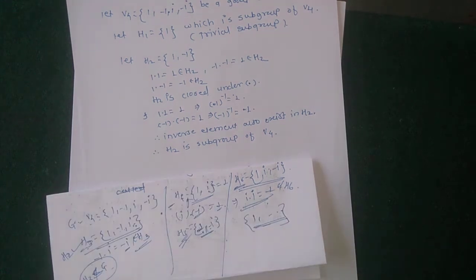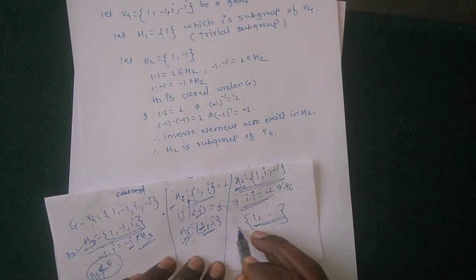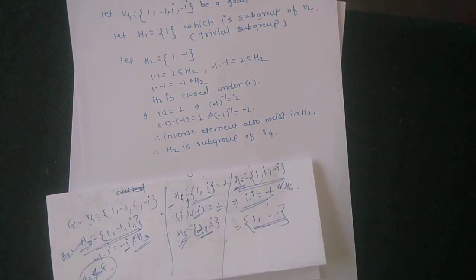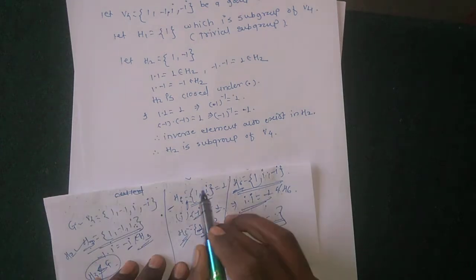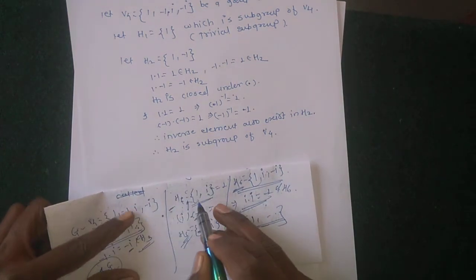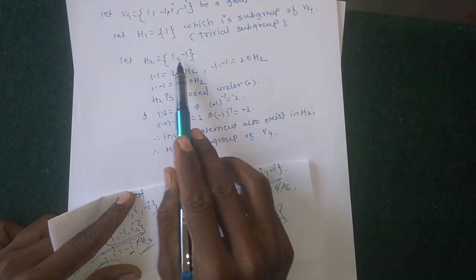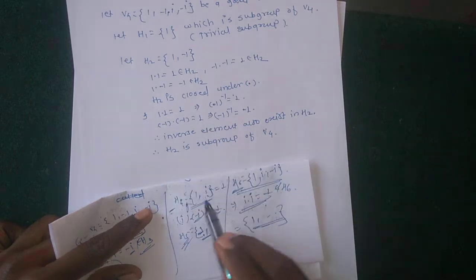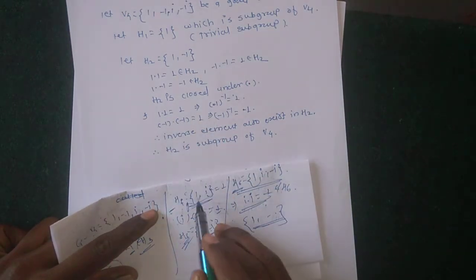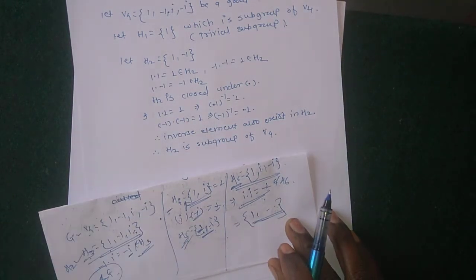And for subsets containing 2 elements, only this subset is closed under the given binary operation and has inverse elements. The other subsets are either not closed under the given binary operation or the inverse property does not exist in the given set.